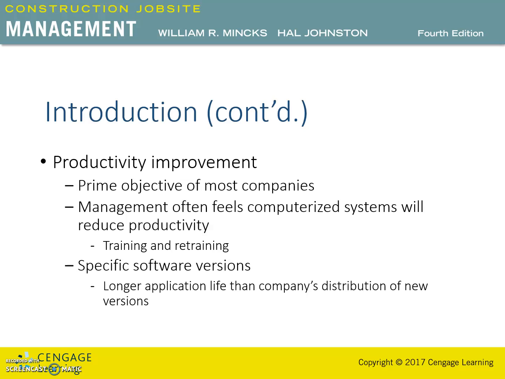The assumption that each generation or version of the software must be purchased and that training needs to be added as each new version is adopted is the basis for some firms experiencing unneeded high costs related to computers and productivity. Often, specific versions have a much longer application life than the software company's distribution of the new versions.